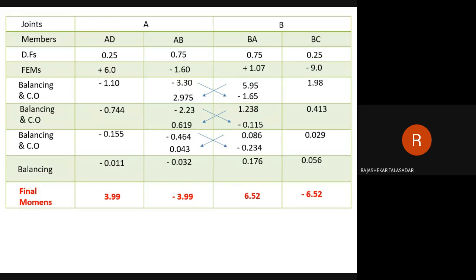Next, you come to the B joint. What is the balancing moment at B joint? Plus 1.65, because the unbalanced moment is minus 1.65. This is 0. If you add this, minus 1.65 will be the unbalanced moment, so balancing will be plus. Tell me now, what is the contribution for BA?